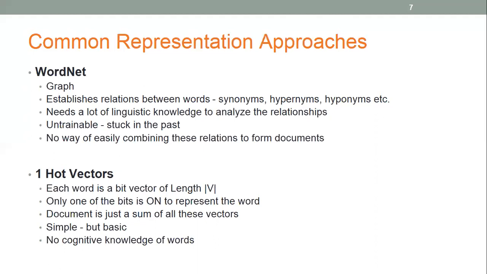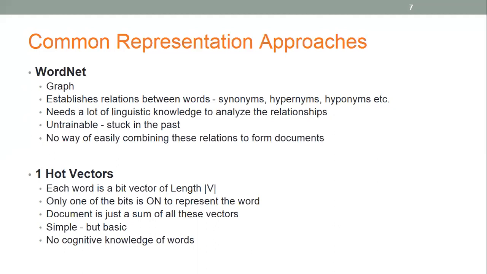It is not possible to do it directly, so we need to write rules for the computer to understand what these synonym or hypernym relations turn out to be, in the end, as the final conclusion of that sentence. Another problem with WordNet is that it is not trainable. It is stuck in the past. Whenever it was first hand coded, it is still there. As language evolves, WordNet has not evolved with it, so we are missing out on various opportunities.